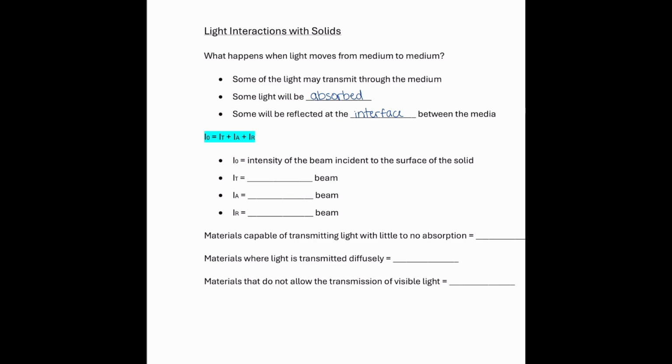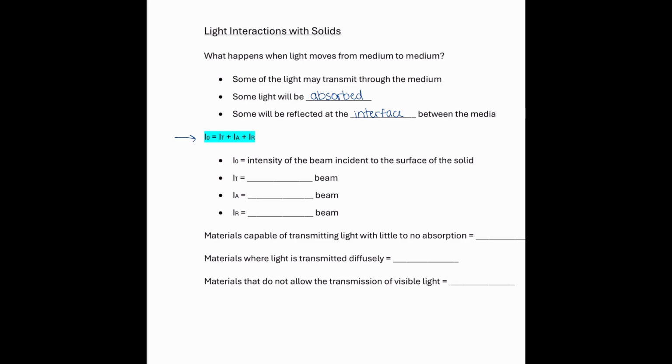And so we see this other equation here. We have I naught is equal to IT plus IA plus IR. So we're told here that I naught is the intensity of the beam incident to the surface of the solid. Now, what is IT, A, and R?